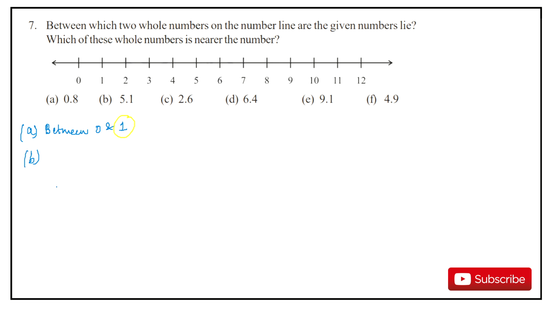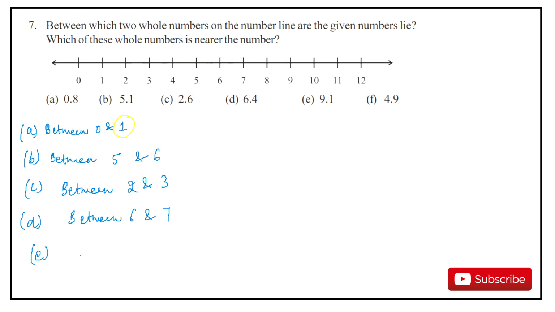5.1, so that is between 5 and 6. Next, 2.6, automatically everybody is able to now answer, 2 and 3. D, 6.4, that is 6 and 7. E part, 9.1, so that is between 9 and 10.